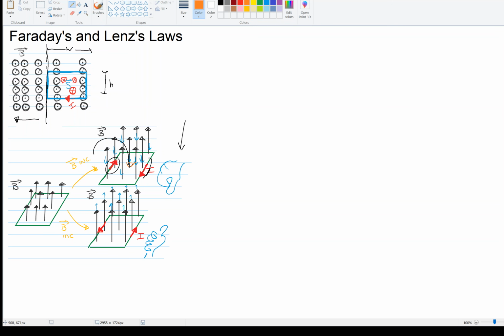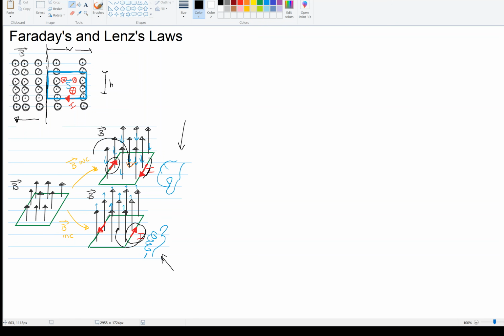And let's look at the second case down here and see why that's not correct. Let's concentrate on this arrow here at the right. If I point my thumb of my right hand in that direction and I curl my fingers, you'll see your fingers are curling this way in the direction of the positive change. So in this case, that would seem to add to the change, or definitely not opposing it.